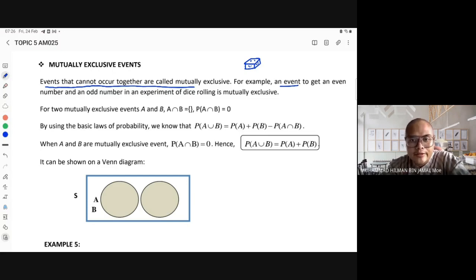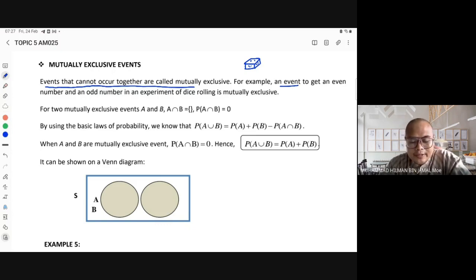So maksudnya you baling dadu, you akan dapat sama ada even number ataupun odd number. So itu adalah contoh mutually exclusive event. Okay, sebab kita tahu even number ni adalah nombor genap and odd number ni adalah nombor ganjil. So nombor genap dan nombor ganjil adalah dua benda yang berbeza lah. Okay, benda yang different. Okay, so itulah contoh mutually exclusive event.